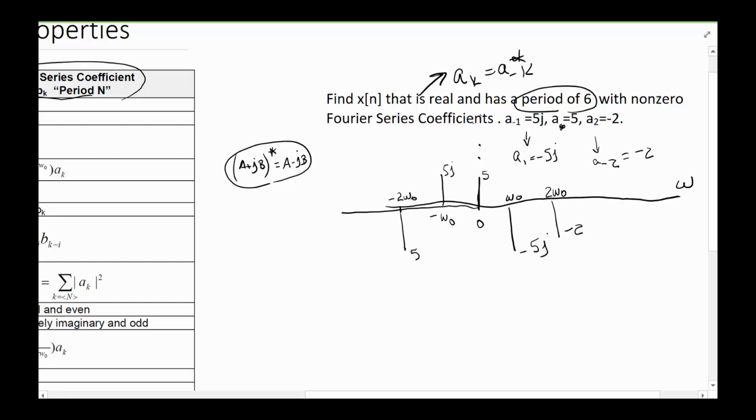So this will be minus 2. I've got 1, 2, 3, 4, 5. I need one more to make it complete, but based on all the coefficients that are given to me, I can't find A3, and they said these are all the non-zeros given as part of this.